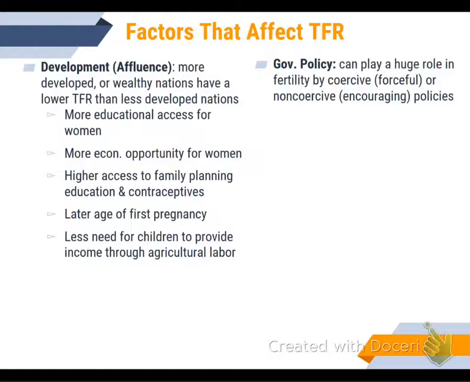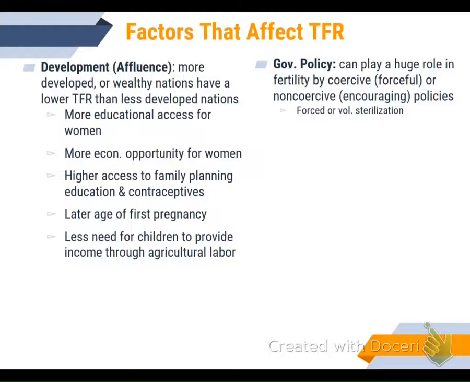Government policy can play a big role, either forceful, like what happened in China, or non-coercive, like what happened in India. What happened in China was you were only allowed to have one kid. Well, every family wanted to have a male, and therefore a lot of the females were aborted.